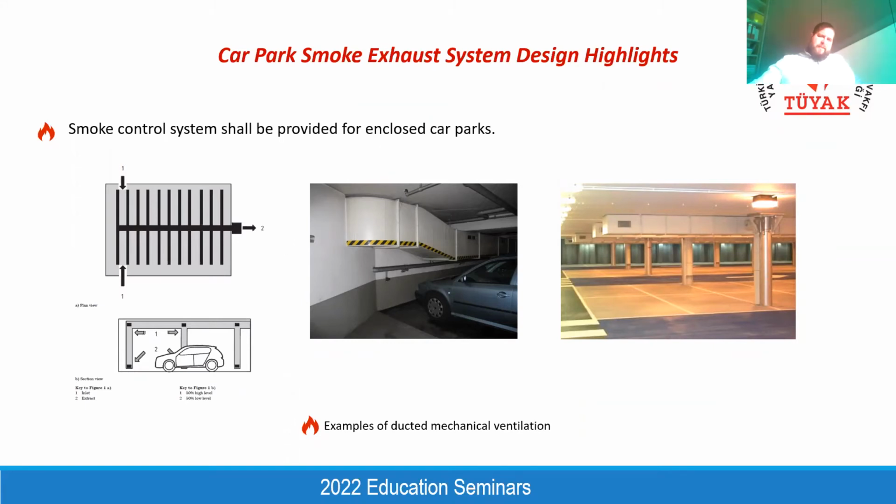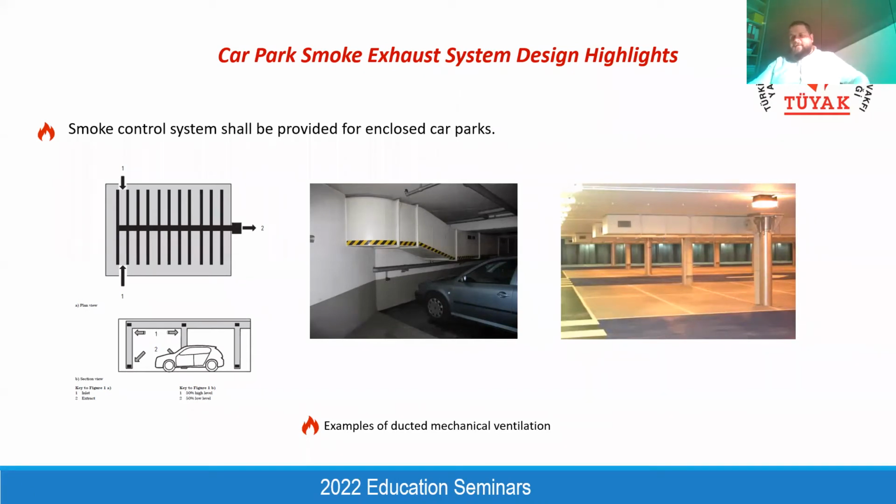For the hard ducted system, you will have ducts all around your car park to exhaust the smoke and exhaust air released from the cars. It causes a drop in the clear ceiling height.